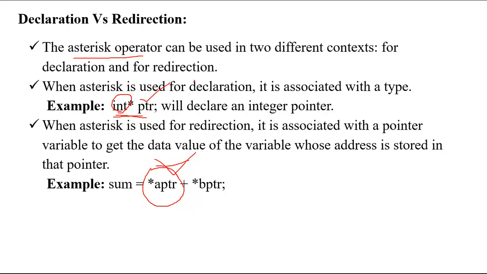The asterisk operator can be used in two different contexts, one for declaration and one for indirection. This is not redirection, this must be indirection. Here some error is there, I will rectify that error. It is not redirection, it is indirection basically. Redirection is assigning the address, but using the star operator we are not assigning the address. Redirection we achieve with the help of the & operator, because the address operator will assign the address.